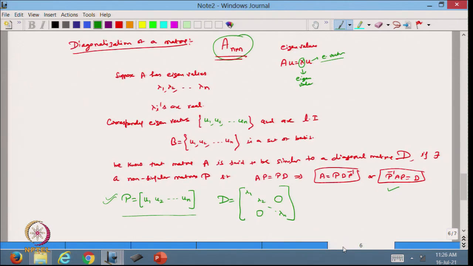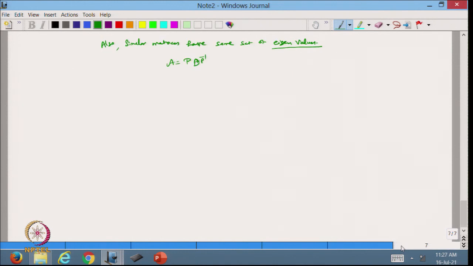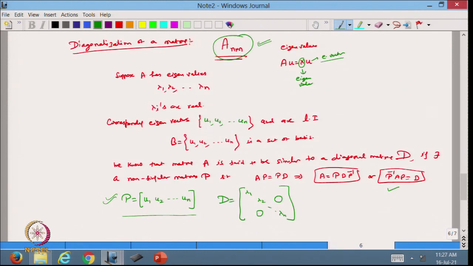We have done this concept earlier in the course of matrix theory, but there we had not seen the meaning of this A and D in terms of linear transformation. Now we are able to see that we are writing the same matrix A in different bases, and the bases are the eigenvectors, and then we find the new transformation matrix D, which is made up of the eigenvalues.